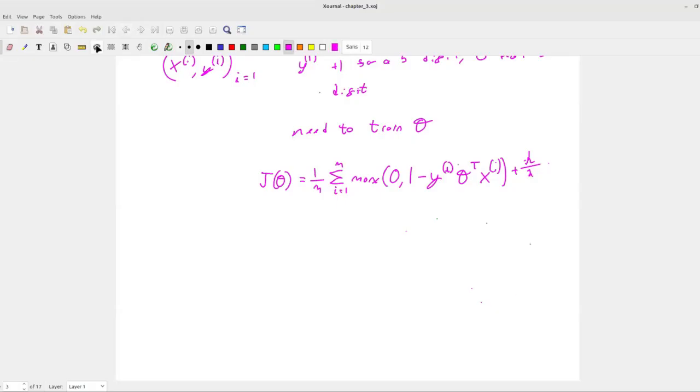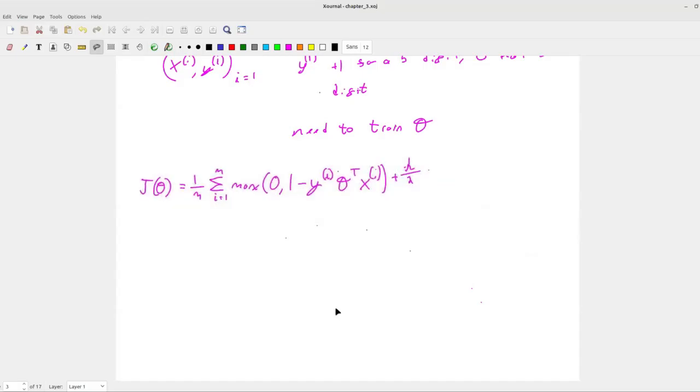And then we need our bias terms. I ran out of room, so I'm going to move this to the left. Which is the absolute value of theta 1, which is our very first term, however many we need, squared.